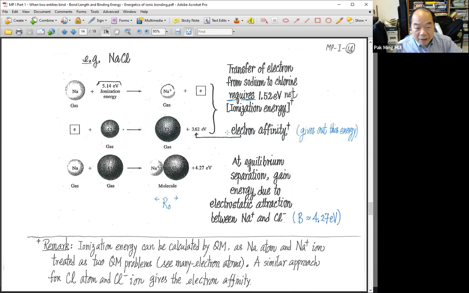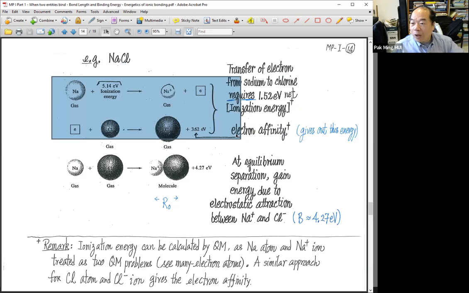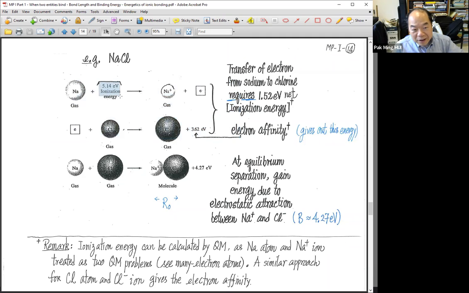Now, if you think about this together, will neutral sodium and neutral chlorine suddenly form a sodium ion and a chlorine ion? You need 5 eV, and here it gives out 3.6. So there is a net energy required, right?